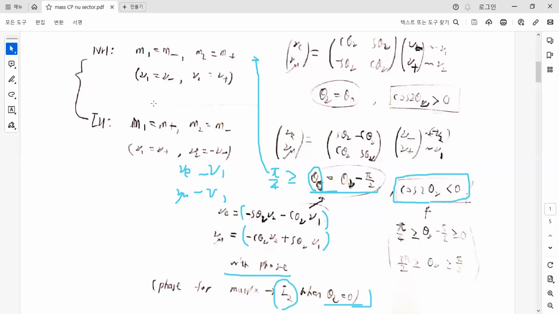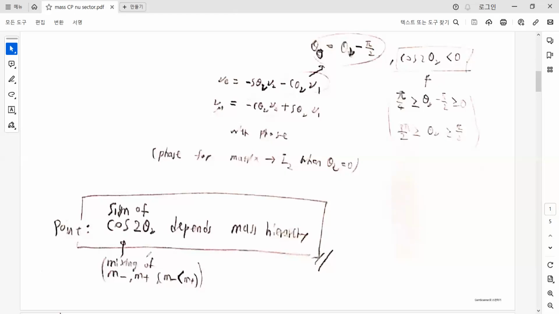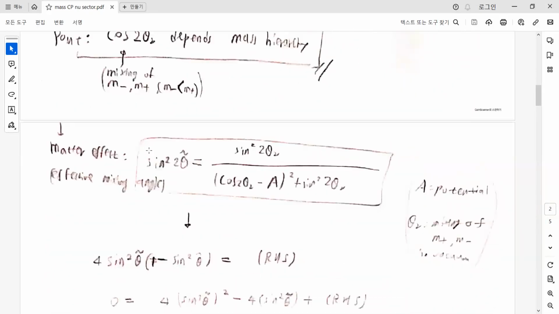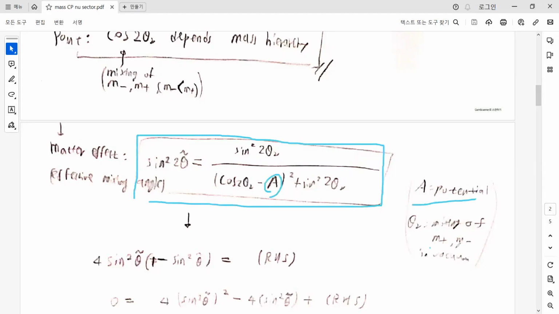So the point is that the sign of cosine 2 theta ν, the mixing of M minus and M plus, depends on the mass hierarchy, whether it's the normal hierarchy or the inverted hierarchy. And such a cosine 2 theta ν term appears in the matter effect. The matter effect effective mixing angles are written like that, where V is the potential and theta ν is the mixing of M plus and M minus in vacuum.